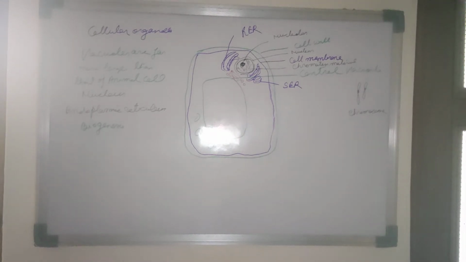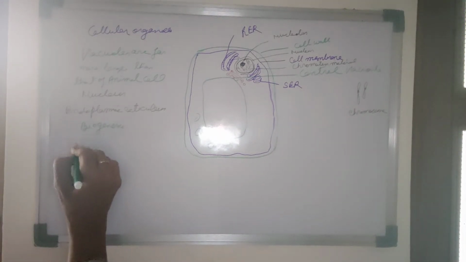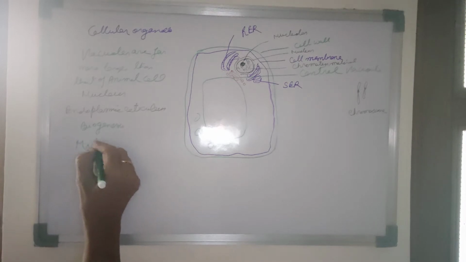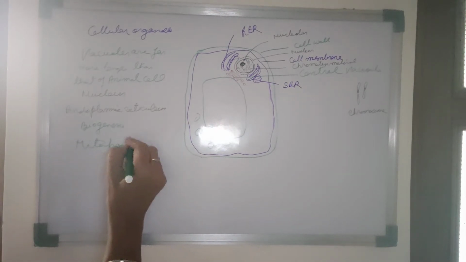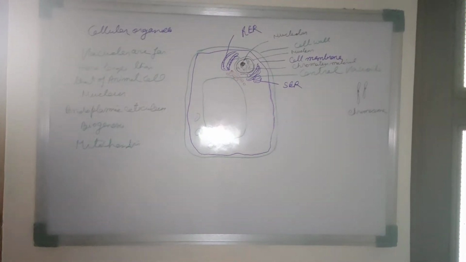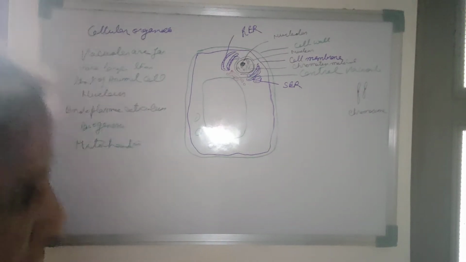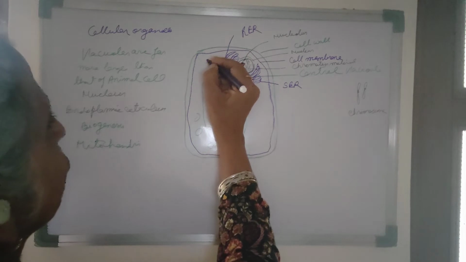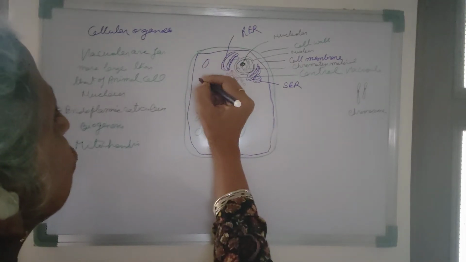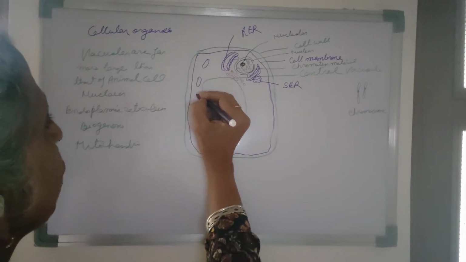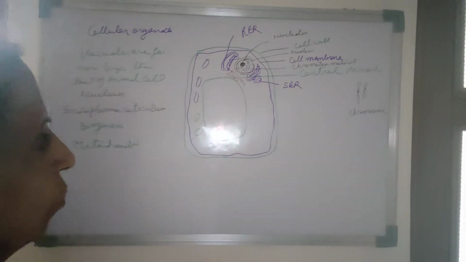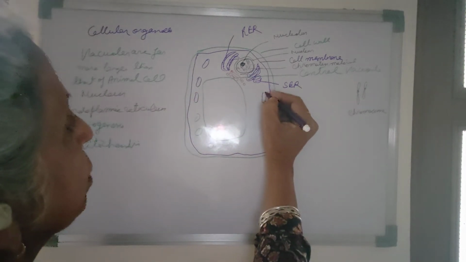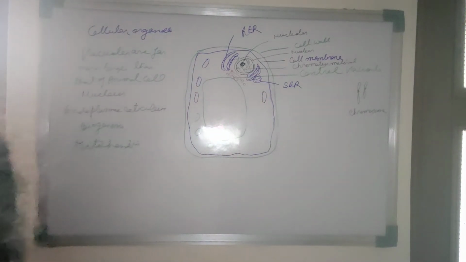Then mitochondria. Mitochondria are oval-shaped structures. Their number is fewer in plant cells than in animal cells because their lifestyle is sedentary.